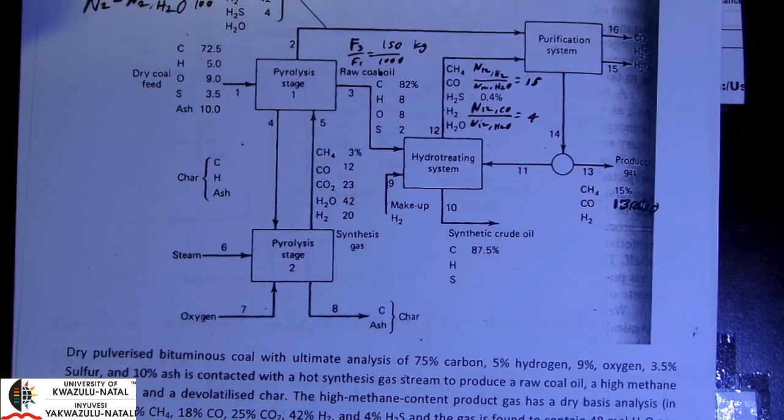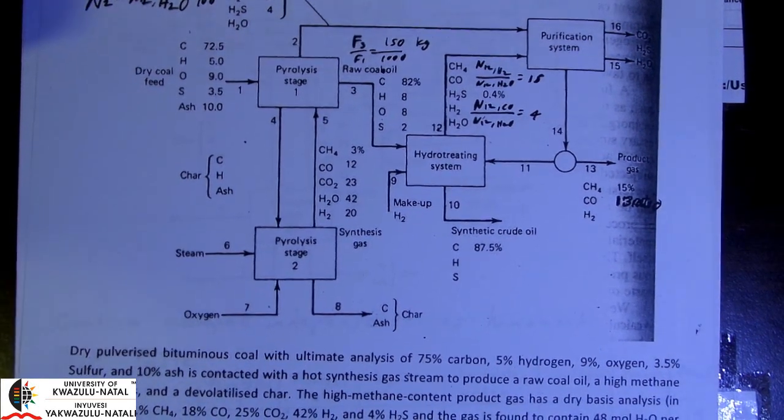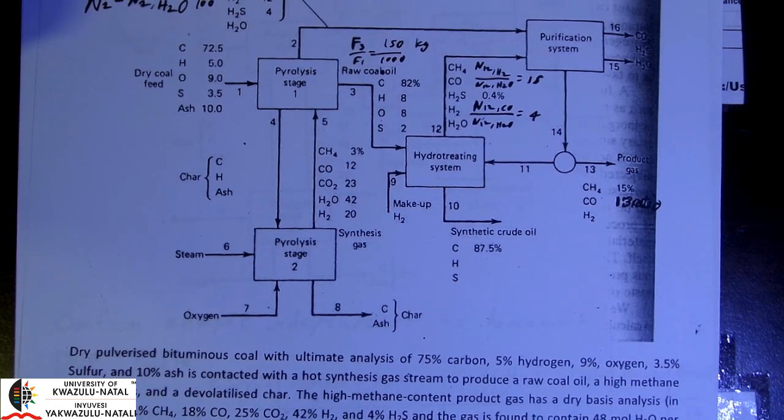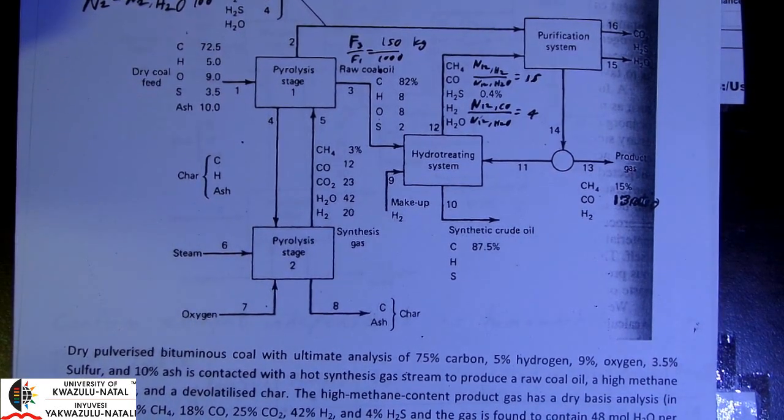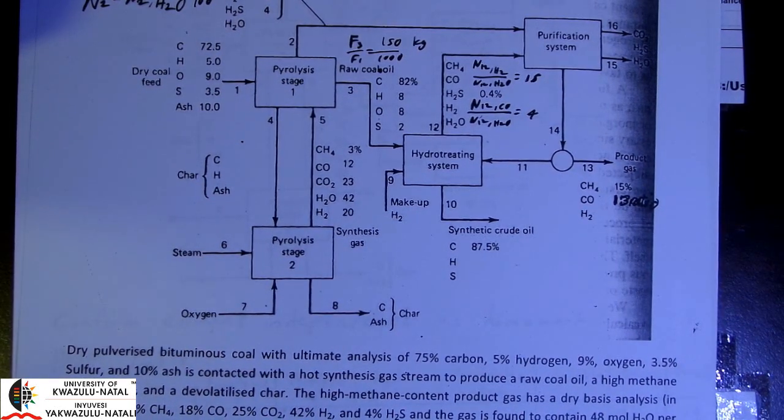Now the hydrotreating increases the hydrogen content of the oil using the recycled product gas and some makeup hydrogen to produce a synthetic crude oil.